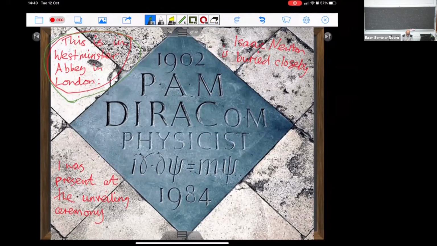The only other physicist that's commemorated there is Isaac Newton. And I'm lucky enough to have been present when the Dirac equation was unveiled there.